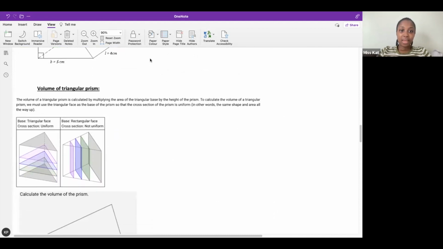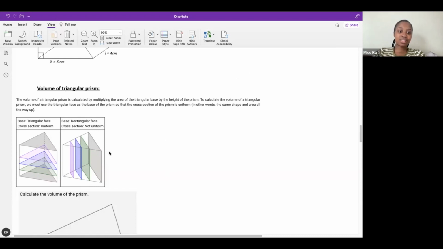Okay, let's see. The volume is still the same. So remember when we're doing volume, someone said, isn't the volume area of the base times the height? Do you remember that? So regardless of what the base is, obviously in this case, what is our base?